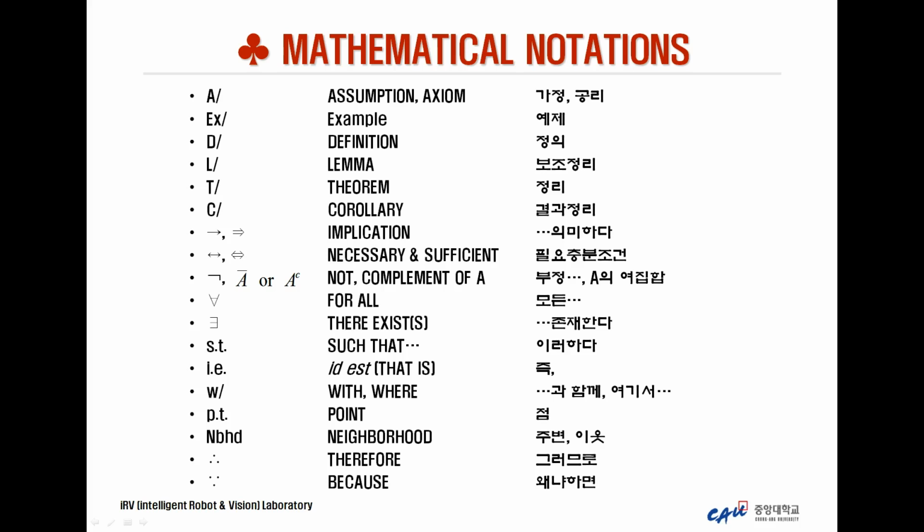And we have three dots in a triangle, which is defined as therefore, and reversed three dots is defined as because, etc. If you have some kind of extra mathematical symbols coming out, then I will tell you at the time.